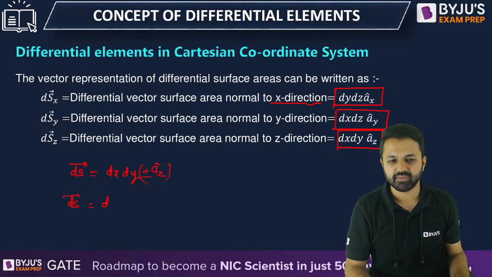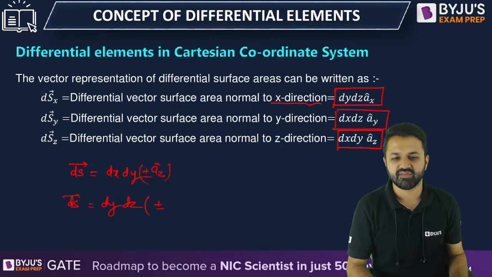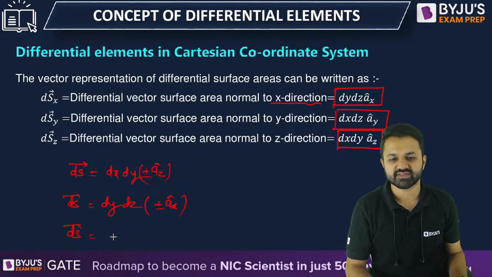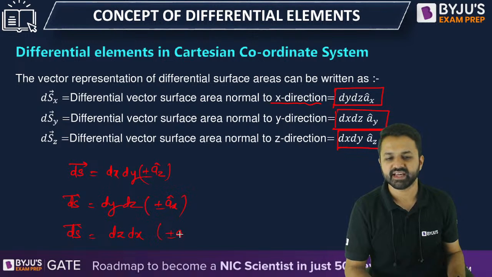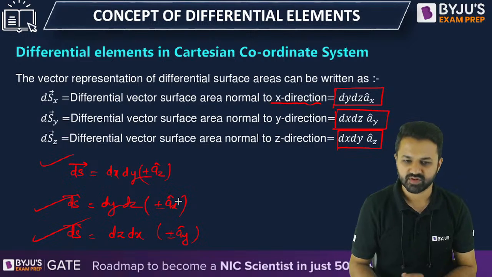Differential surface can be dy and dz; because you are taking y and z, the normal will be x, so plus minus ax. And the differential surface will be dz dx; if you are writing z and x, then the direction may be plus minus ay. Okay? So in this way, you can write it.